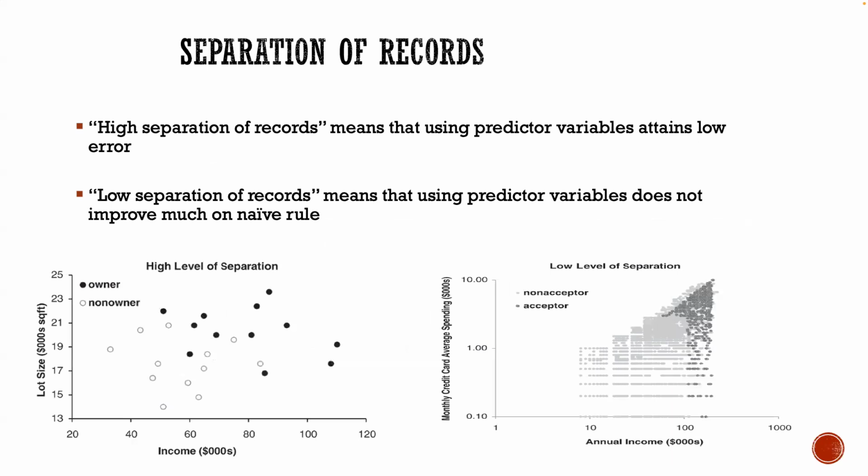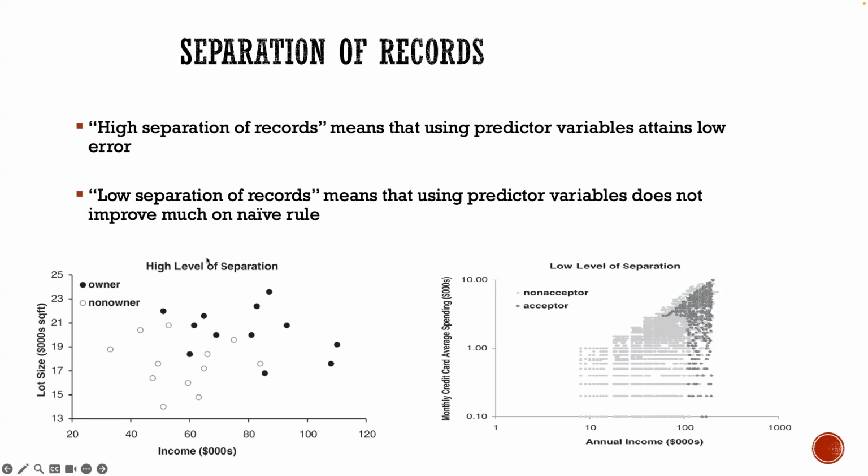Now, classification essentially is separating records into different classes. Sometimes we will have high separation of records, which means that using our predictive variables we are able to separate easily and we get low error. And sometimes we would have low separation of records.